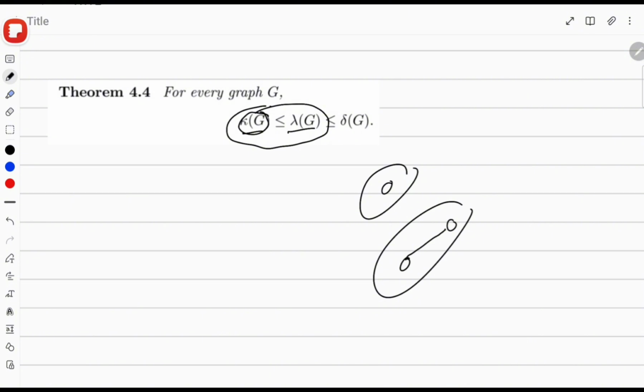Each vertex removed would also remove its incident edges, which can only make it easier to disconnect a graph.